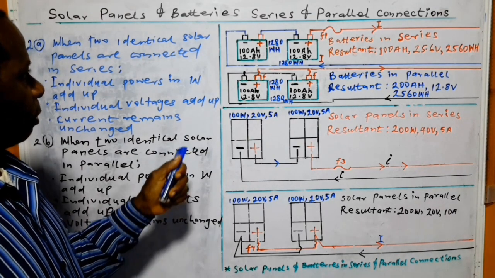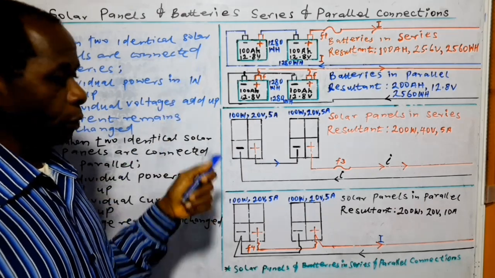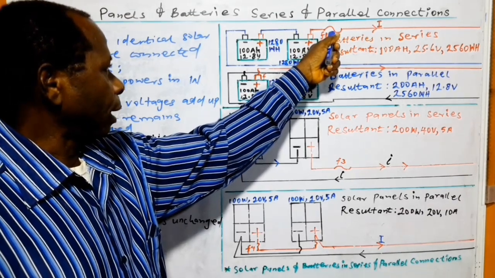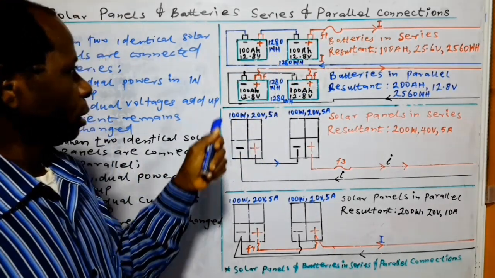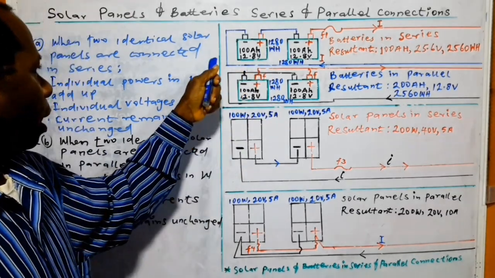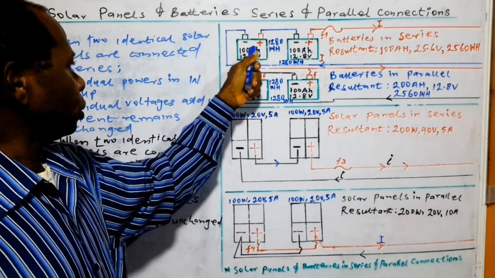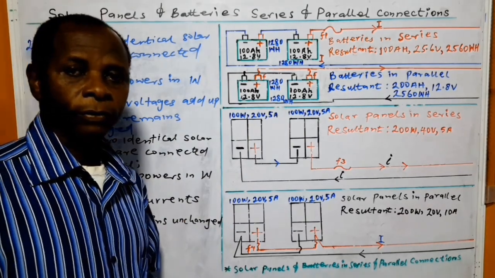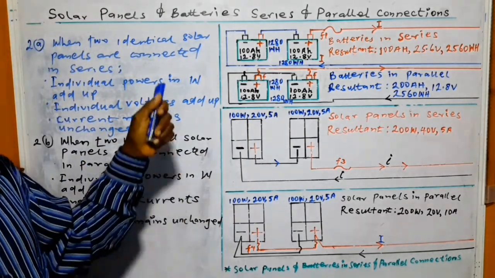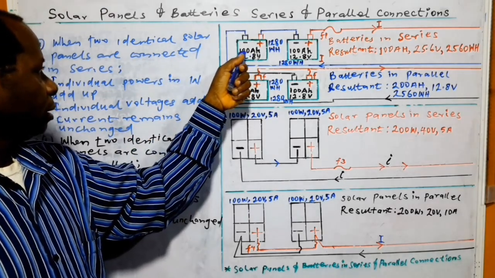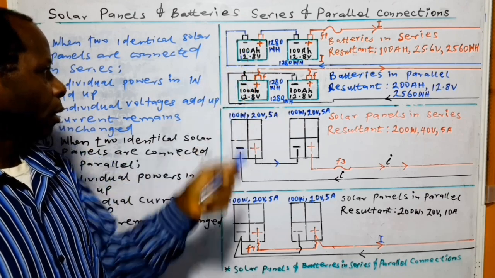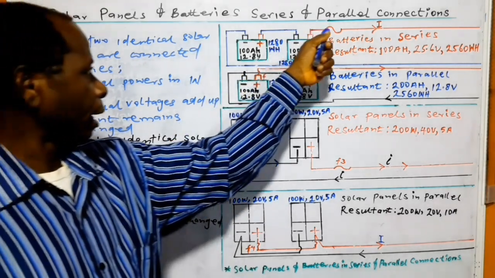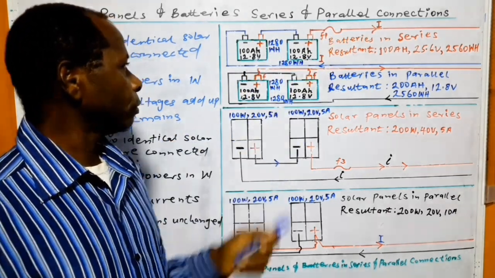Now let me talk about the sizes of the fuses. Before I talk about this situation, I said, assuming these batteries are lithium-ion batteries with C rating of 1C, 1 to be multiplied by 100 ampere to give us 100 ampere, and that will be the size of this fuse.